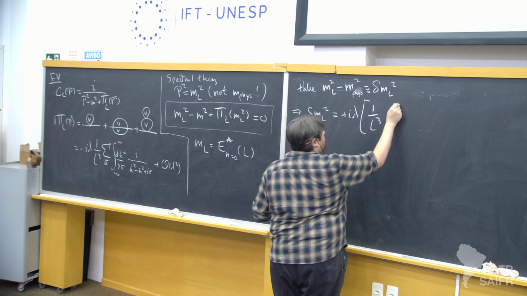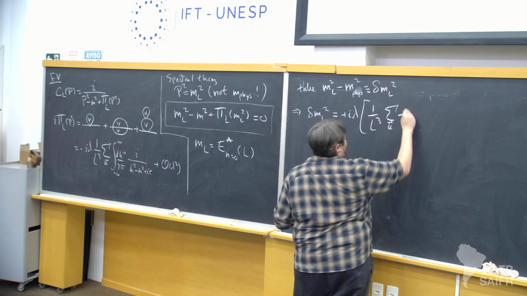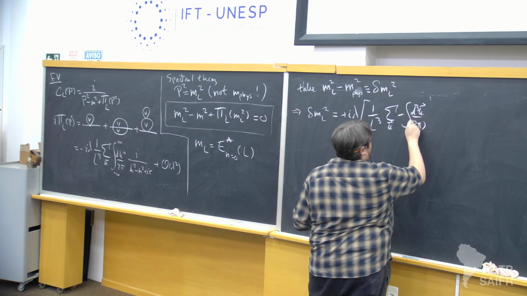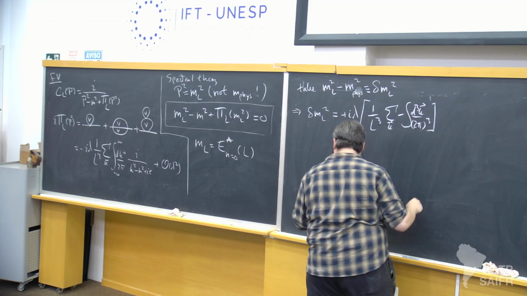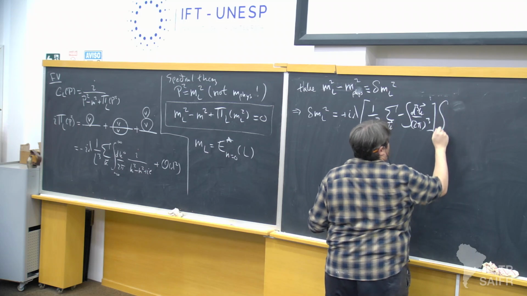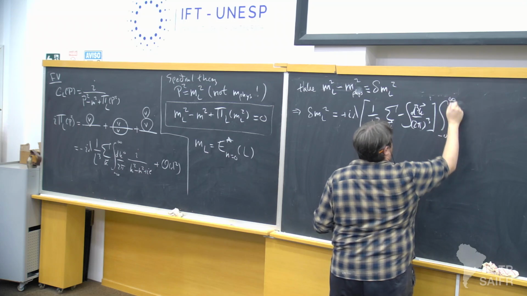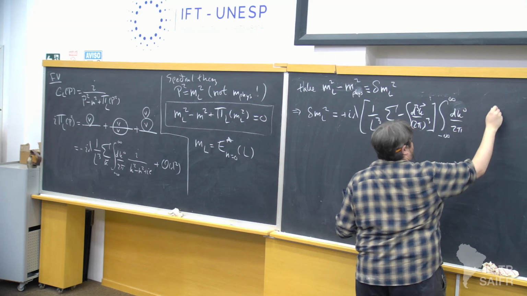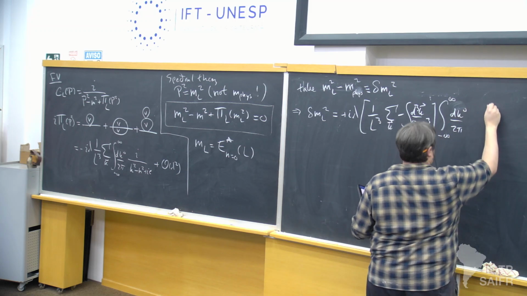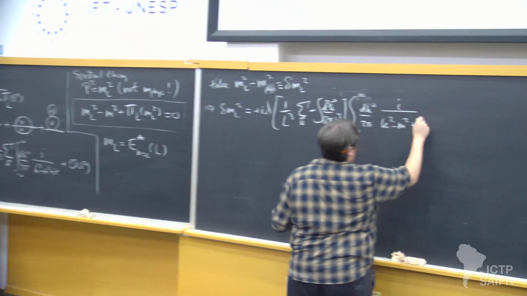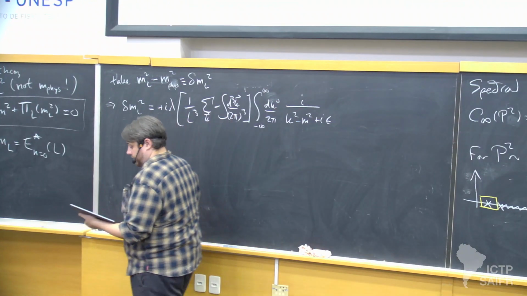1 over L cubed, sum over k minus the integral of the energy integral of the integrand and summand.